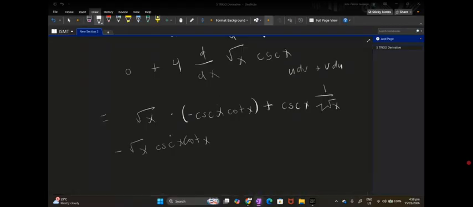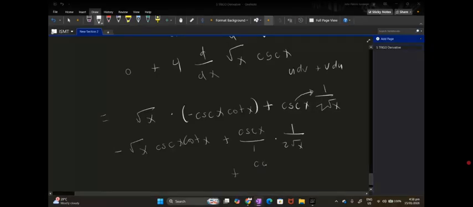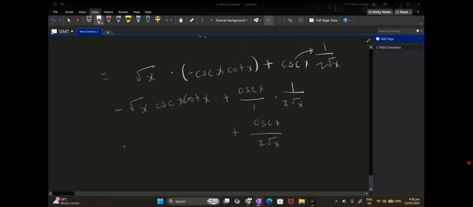Kaya negative square root of x times cosecant of x, cotangent of x. Plus, eto, pwede natin siya akyatin sa taas: cosecant of x over 1 times 1 over 2 square root of x. Magiging cosecant of x over 2 square root of x.